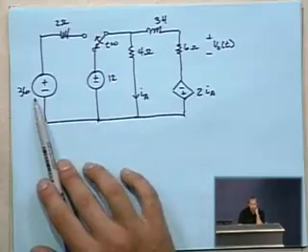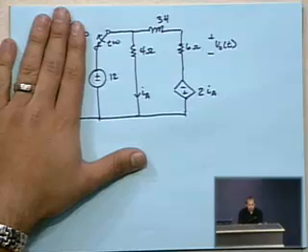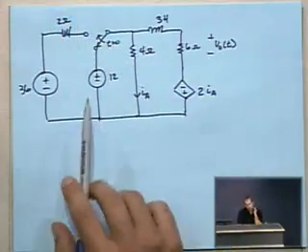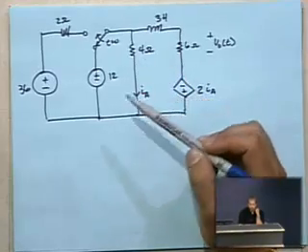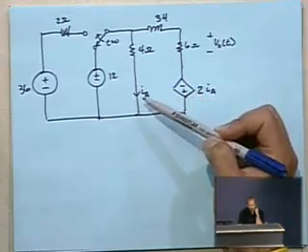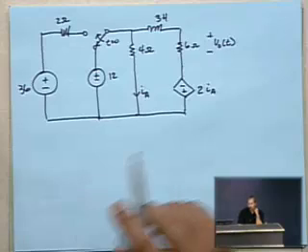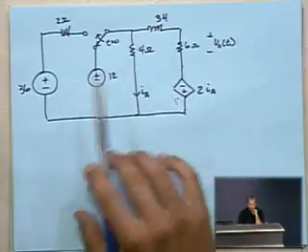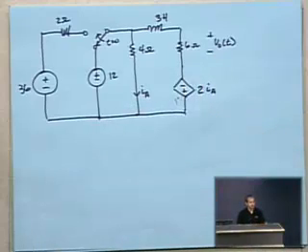In other words, the 36 volt source and the 2 ohm resistor are essentially not part of the circuit when we start. And when the switch transitions from this position to the other position, then the 12 volt source will go away. And then we have a 4 ohm resistor with some current IA running through it. It's worth noting the IA because that's the parameter on which this dependent source depends. We have a 3 Henry inductor and a 6 ohm resistor, and it's the voltage across the 6 ohm resistor that we're interested in trying to deal with. So that is our circuit.